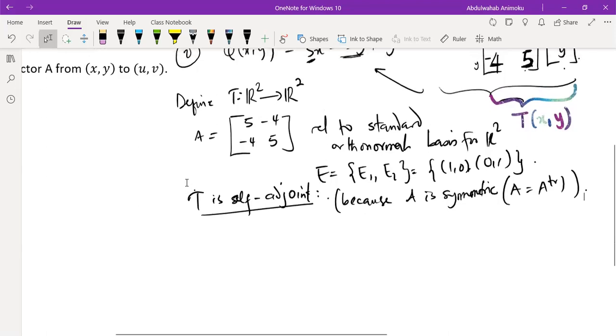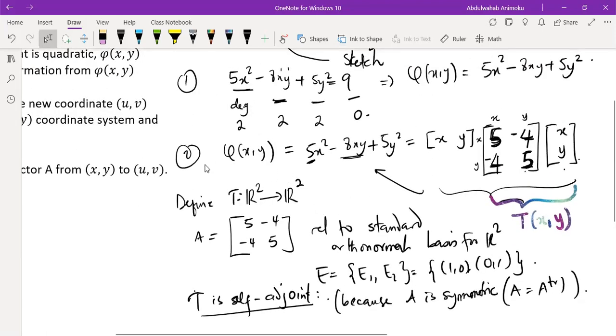Now, let's back up a little bit. We can see the quadratic function of x and y can be written in terms of the multiplication of a matrix with a vector and the same vector. Now, what is fascinating is we just explained that this version of things is complicated.